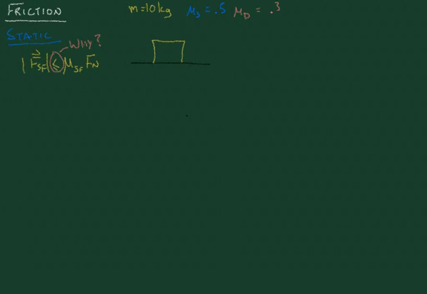So let's look at all the forces on this object. We have a gravitational force equal to mg pushing down on it, and a normal force pushing back up from the ground. Initially the block is at rest.